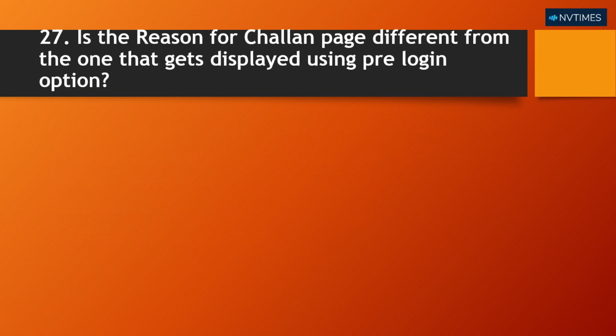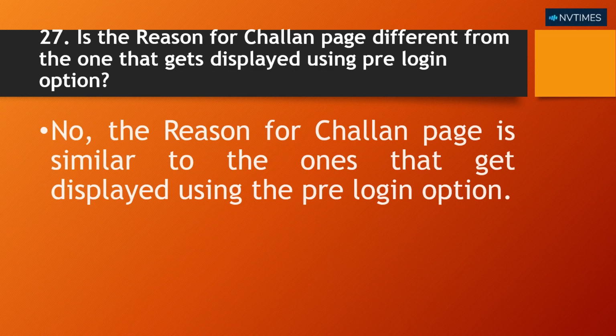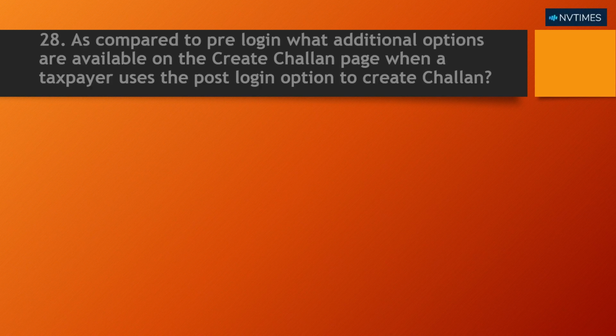Is the reason for challan page different from the one that gets displayed using the pre-login option? No, the reason for challan page is similar to the one displayed using the pre-login option.